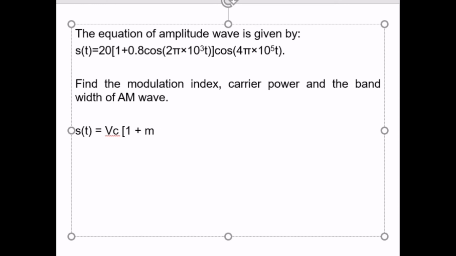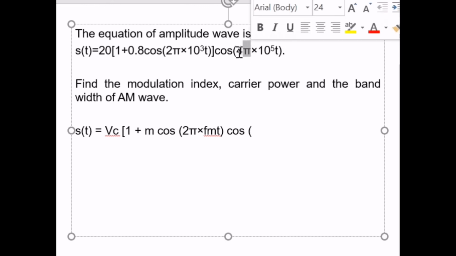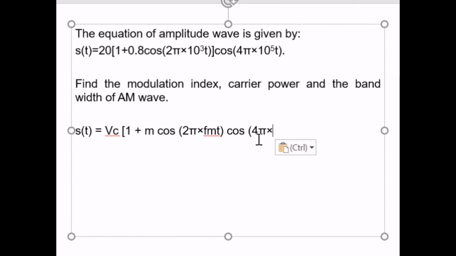M is the modulation index, fm is the frequency of the modulating signal, and fc is the carrier frequency.